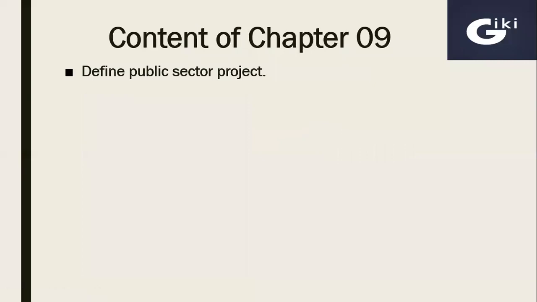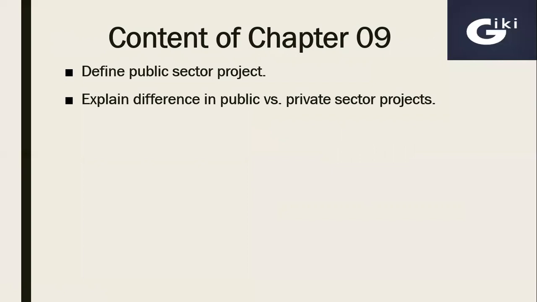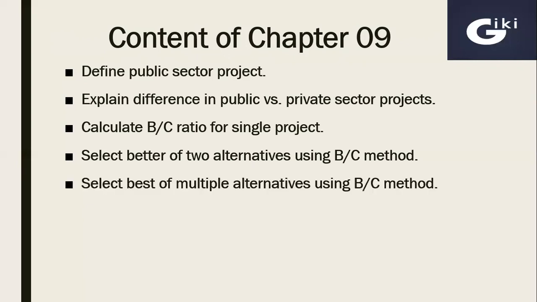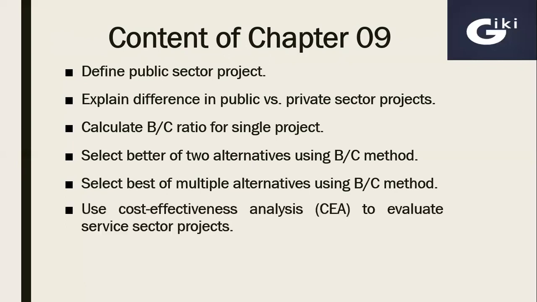So first of all, we'll define what we mean by a public sector project. Then we'll explain differences in public versus private sector projects. Then we'll learn how to calculate benefit cost ratio for a single project and how to select the better of two alternatives using the B over C method. Then how to select the best of multiple alternatives using the benefit cost method.